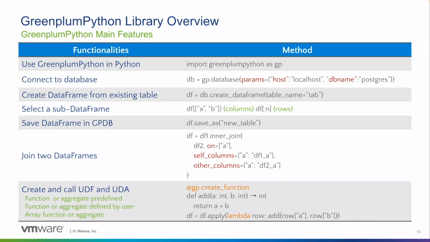And this creates a corresponding UDF in the database using the default pure Python 3U language extension, which we can then call in the same way as a local Python function to apply it on columns A and B of data frame df. So this is the basic main features of Greenplum Python. You can find more in the Greenplum Python documentation.